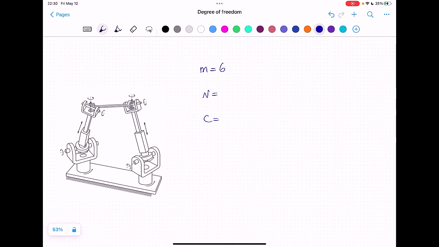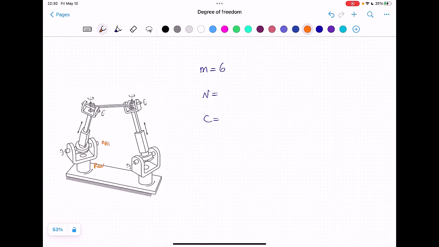So in the first step, we should identify our type of joints. Here we have a revolute joint. Here we have a joint that allows us to revolute about 2 axes.